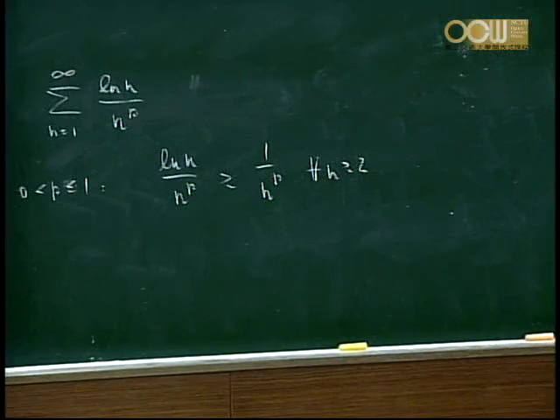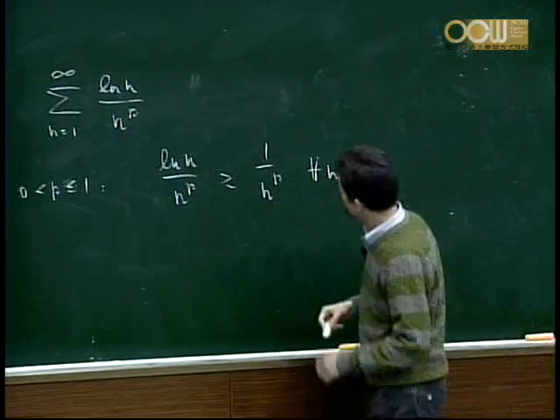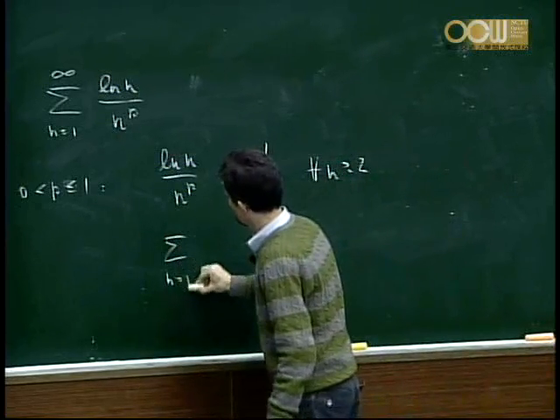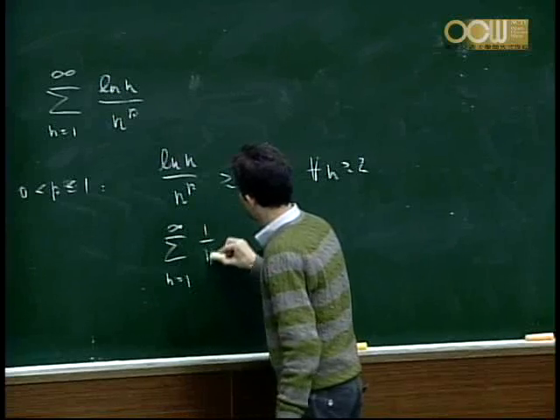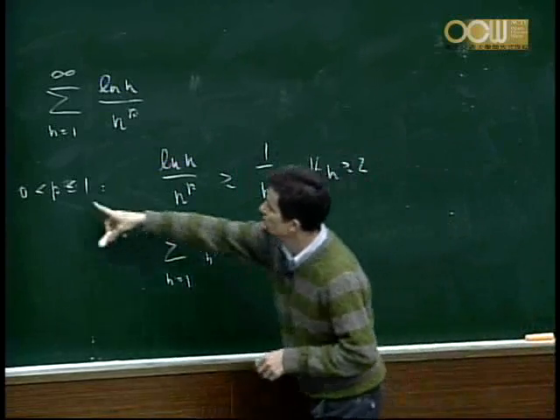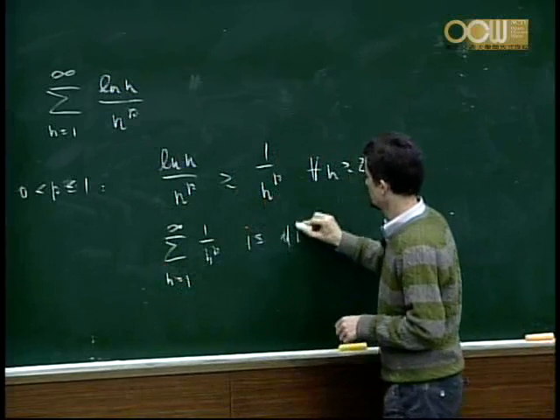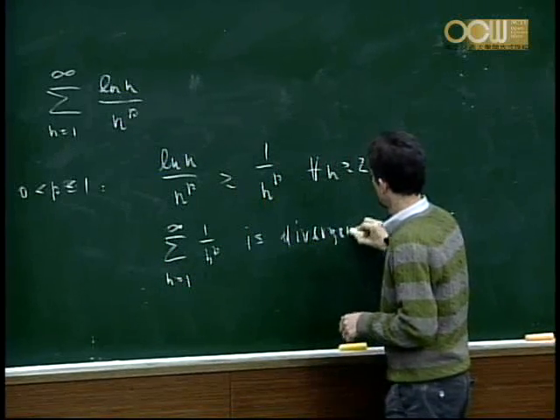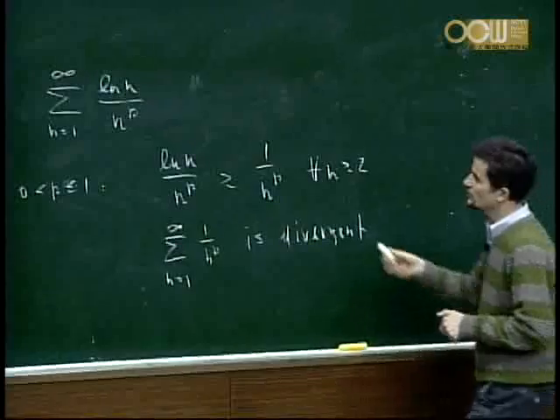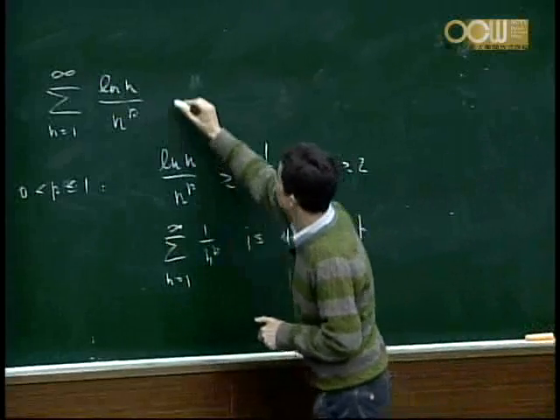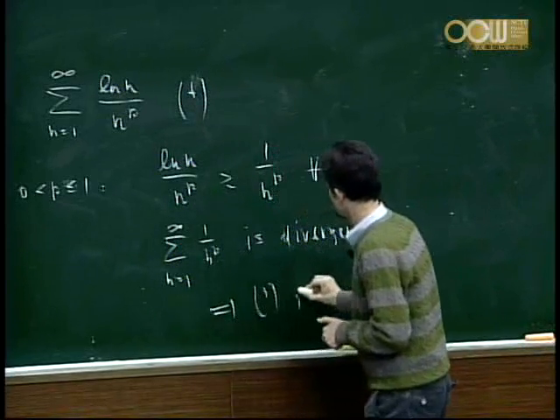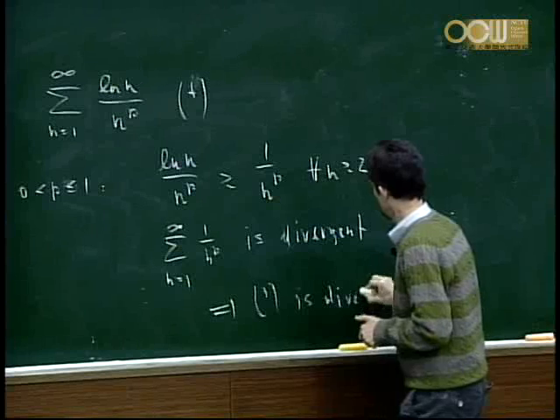Now we know that this series is divergent for this range of parameters. So you use a comparison test and you know this series, so the original one, call it star, is divergent as well.